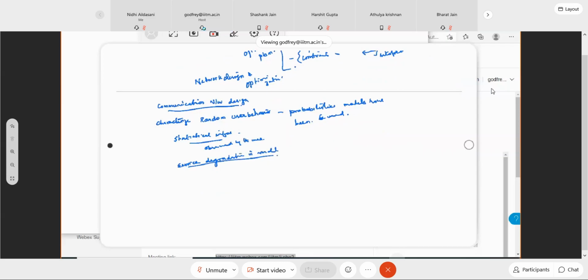So basically, conditional probabilities: given that this is the network design, what is the probability that a user is going to wait for 10 minutes?